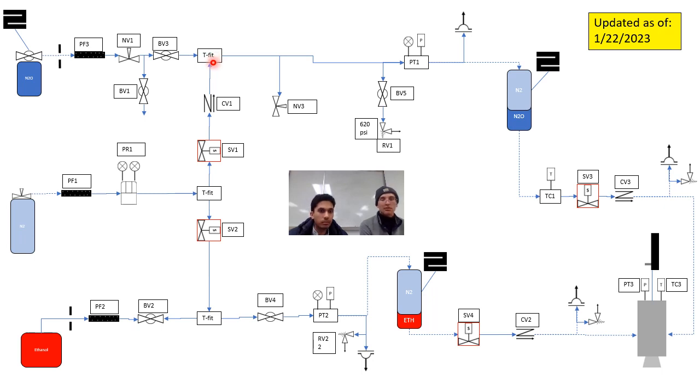And the reason for that is because the next step is to wait for thermocouple 1 to approach 0 degrees Celsius. Maximum, we want to allow 10 degrees Celsius, but ideally we have thermocouple 1, which is here, which is actually immersed in nitrous oxide. We want to make sure it gets to 0 degrees Celsius.